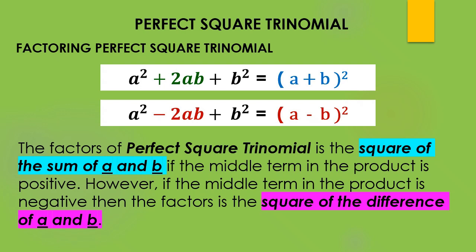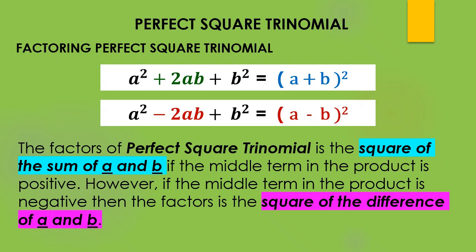We have two kinds of factors. If a squared plus 2ab plus b squared is equal to, the factor of the perfect square trinomial is the square of the sum of a and b. Take note, if the middle term in the product is positive.